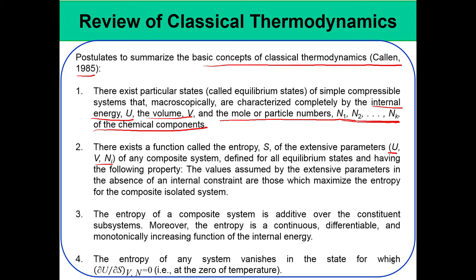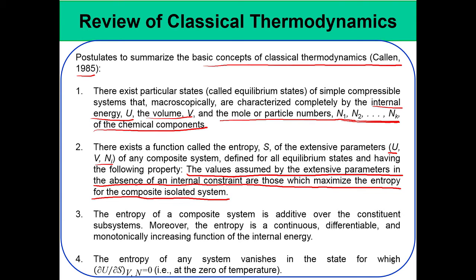So, S is a function of these extensive parameters of any composite system, defined for all equilibrium states and having the following property: the values assumed by the extensive parameters in the absence of internal constraints are those that maximize entropy for the composite isolated system. So, these extensive parameters U, V, N will act in such a manner that your entropy is maximized in these equilibrium states.